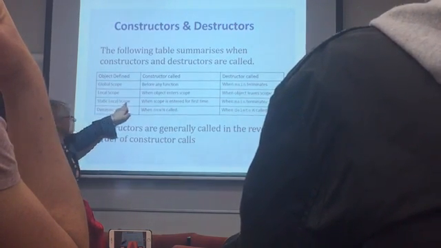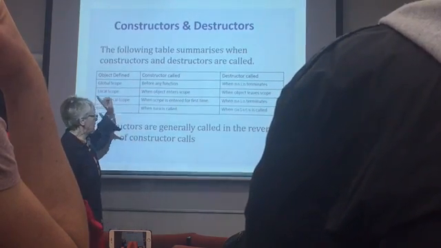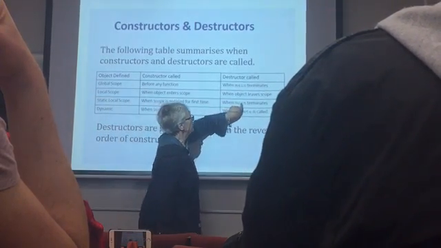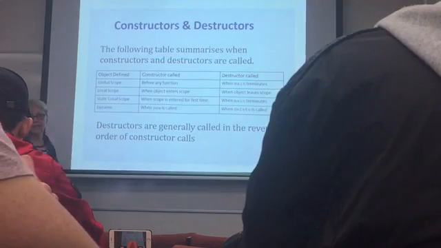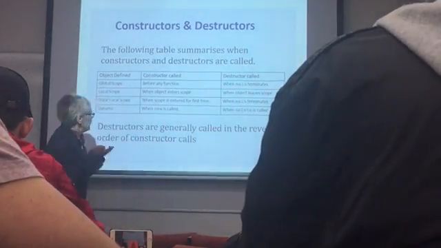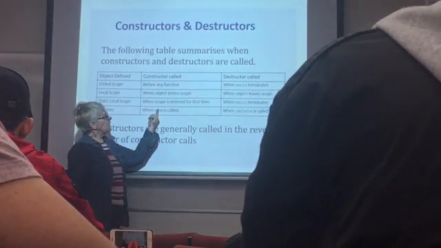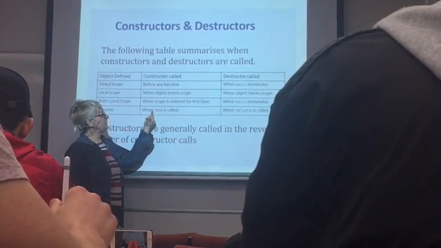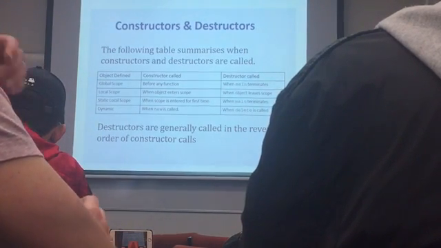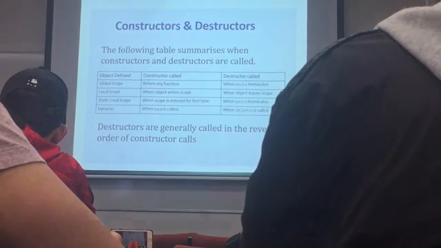Static local scope: the constructor is called, remember, when the variable enters the scope the first time, and the destructor is called when main terminates, like for global variables. Dynamic variables invoke their constructor when new is called, and they are alive until delete is called. Until delete is called, okay?